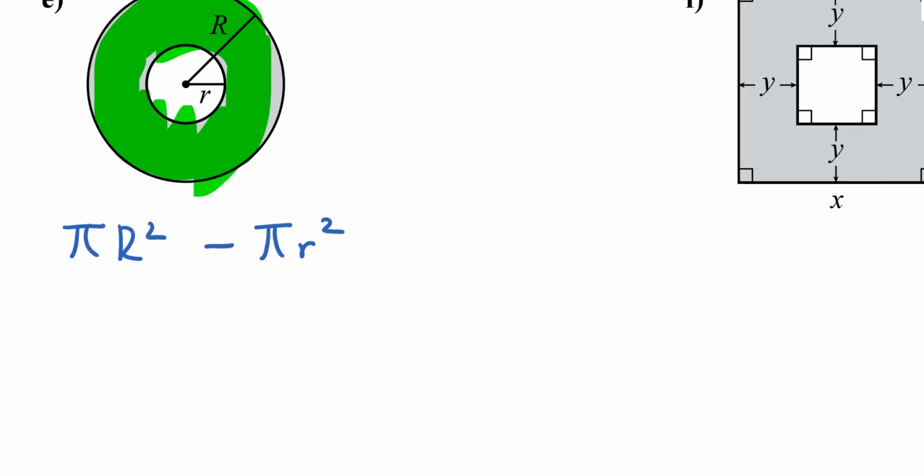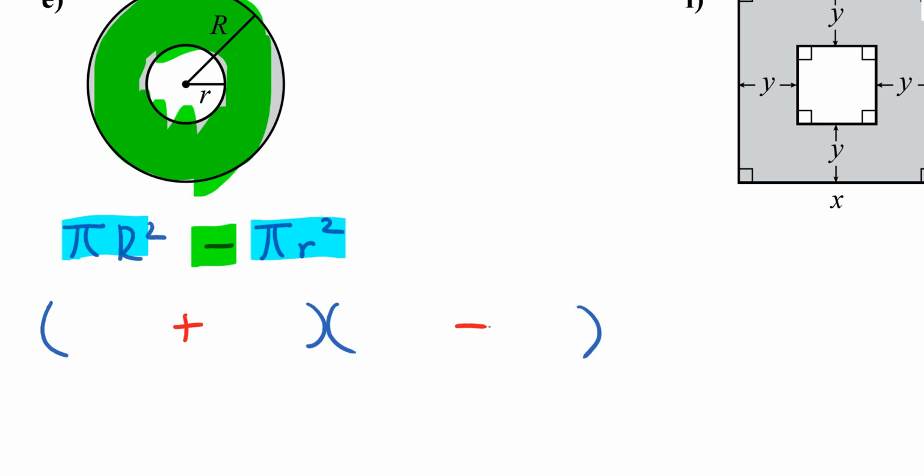All right, so it's pi times big R squared minus pi times little r squared. Now, since you have two terms and a minus sign in the middle, you can have two sets of brackets, a plus sign and a minus sign in the middle. Actually, no, let's not do that yet. I recognize that there's a pi here and a pi here, so let's go ahead and factor out the pi's.